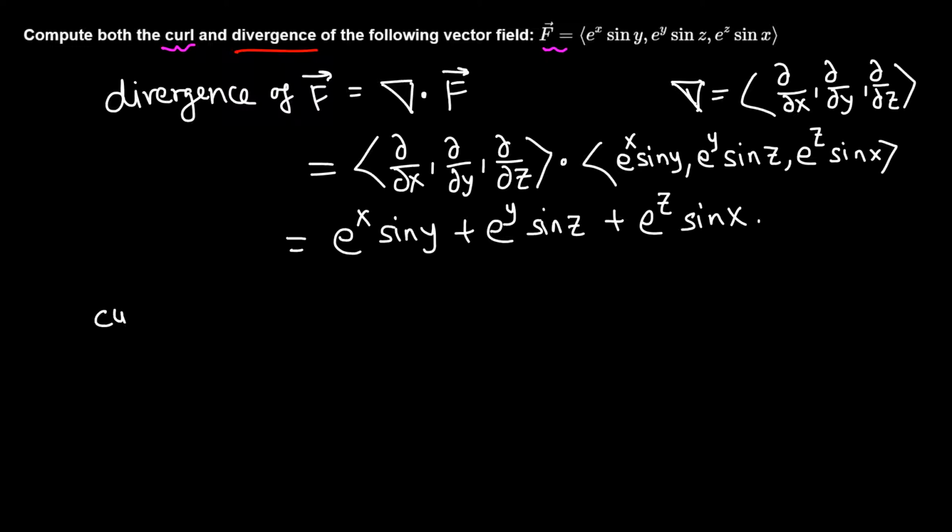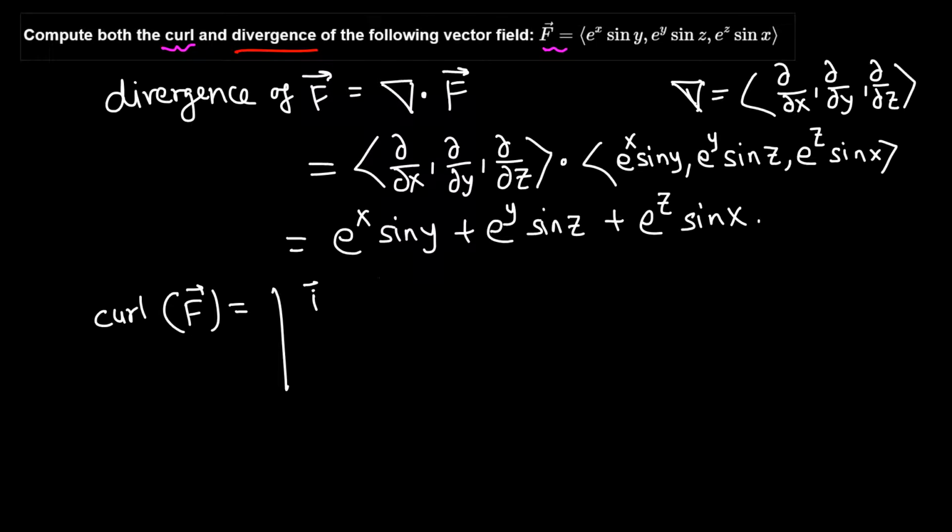Next, let's find the curl of this vector field F, which is a cross product. The curl of this vector field is, let me write it this way, i, j, k.